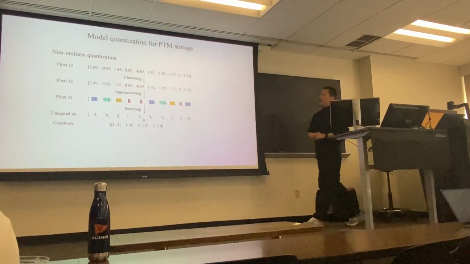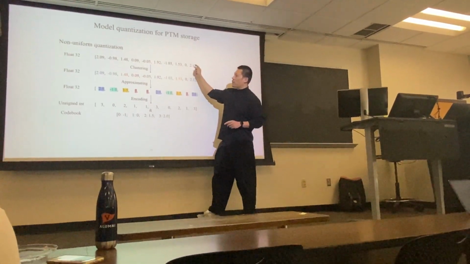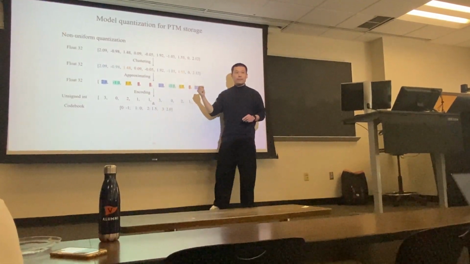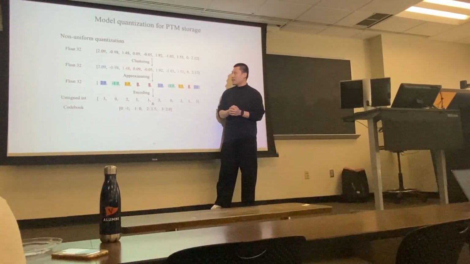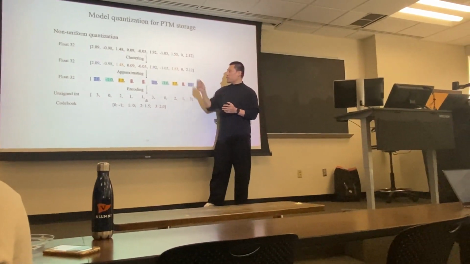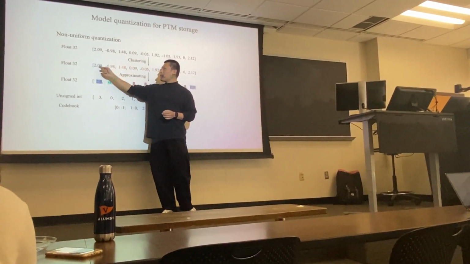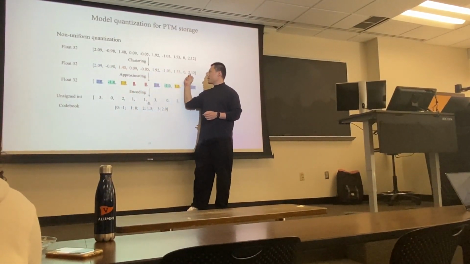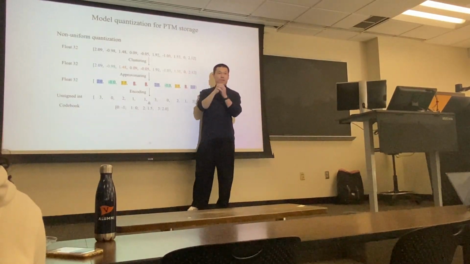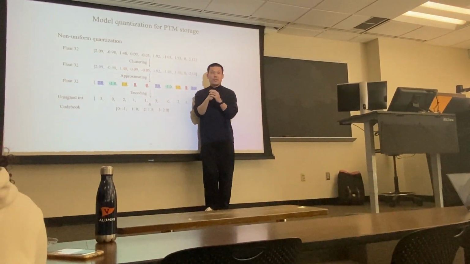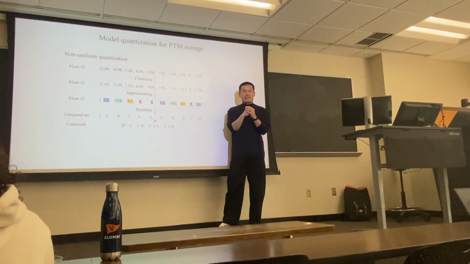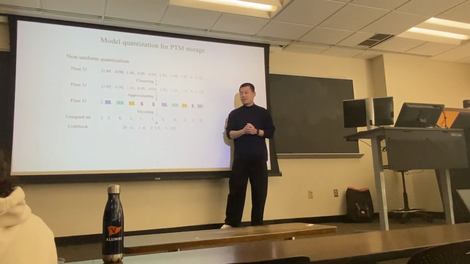So here we have the float 32, and first we do the clustering. Clustering means that similar parameters will be classified into the same group, and the parameters within the same group have a small difference.